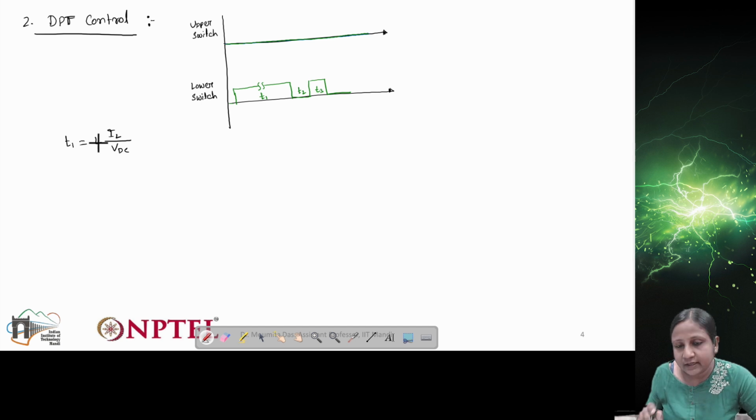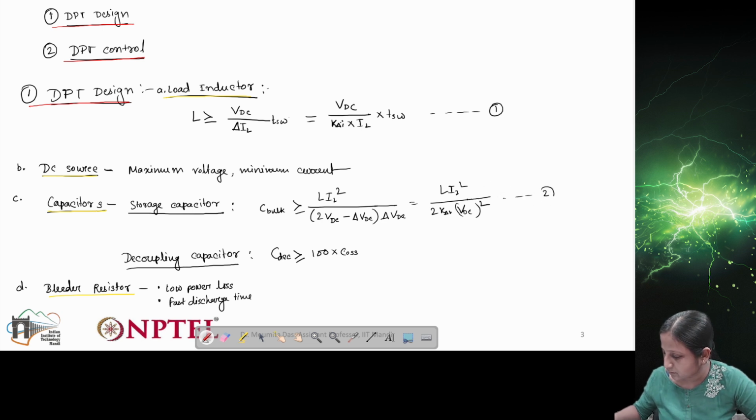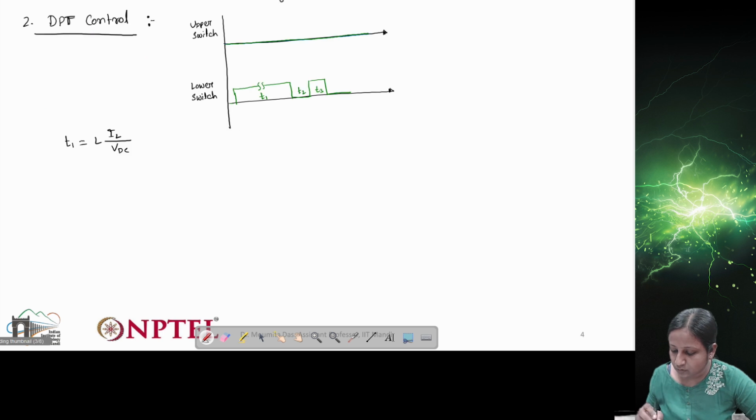You already know L from the previous page, where we calculated the inductor L. If I represent it as equation 1, the storage capacitor as equation 2, and this as 3, then from equation 1 we can take the value of L, IL will be given for a particular test, and VDC also will be provided.